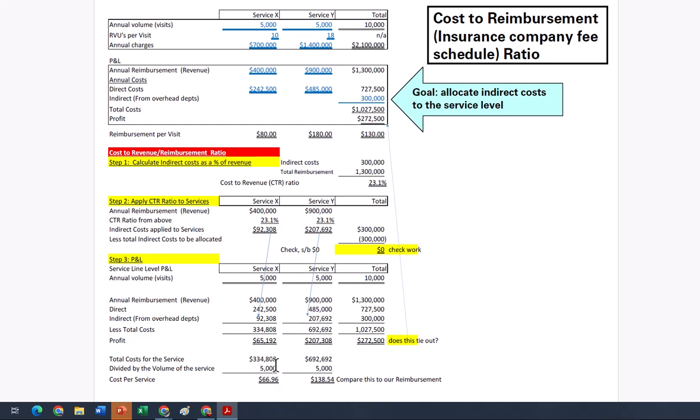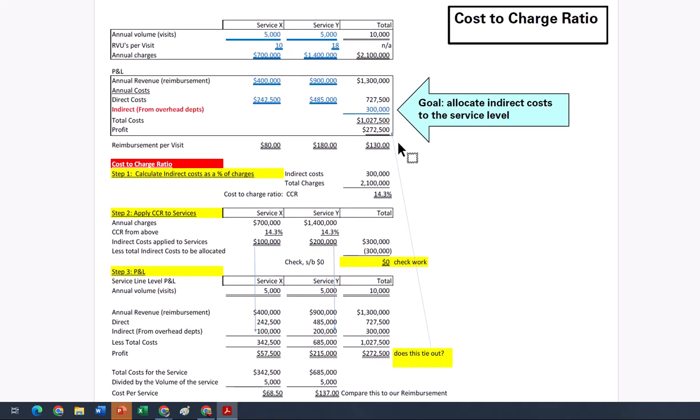We divide it by the volume, and so we get $66.90 for service X and 138 for service Y. So theoretically, we would make sure that our reimbursement per test on average is greater than these numbers. So we're allocating the indirect costs based on some ratio of indirect costs to charges.